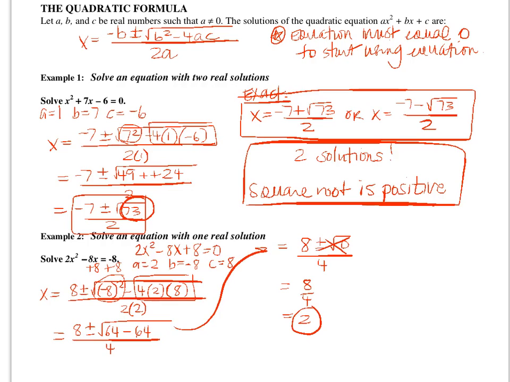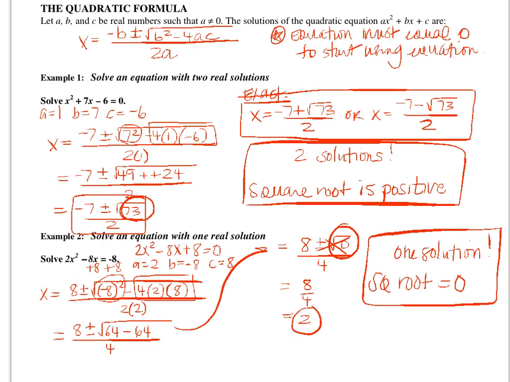Now you'll notice I had one solution, one answer, and that happened when my square root equaled 0. So when my square root was positive, I had 2 answers. When my square root is 0, I had 1 answer. Okay, let's try another one.